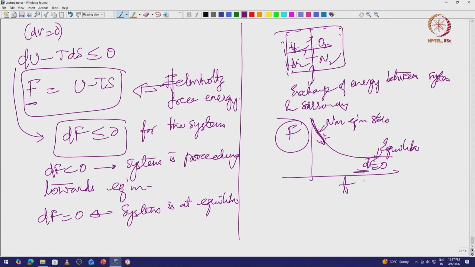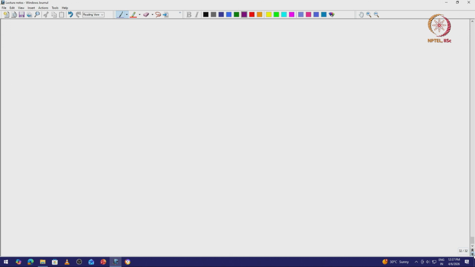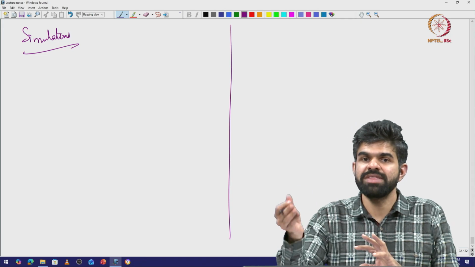Now, constant volume is a constraint that happens mostly on computers, so people doing simulations. I have molecules that are trying to react with other molecules.